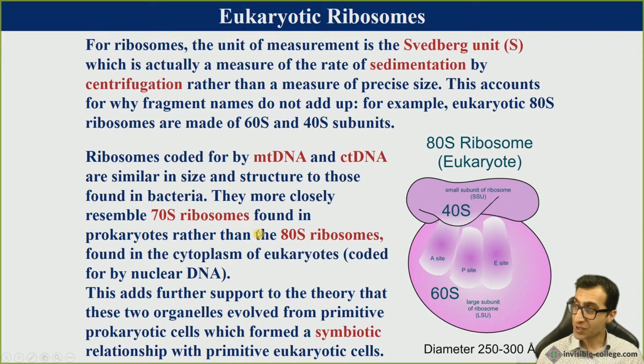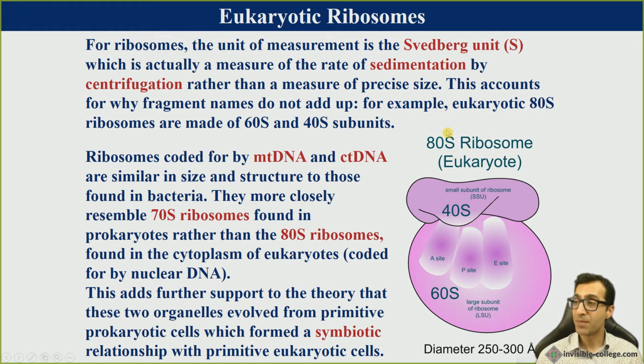It's important to note here that the Svedberg unit is not a linearly additive unit like length in meters. It's a unit which measures how quickly these particles sediment, or undergo sedimentation, when they're in a suspension. You can see here that the small subunit of a eukaryotic ribosome is 40 Svedberg units, and the larger subunit is 60 Svedberg units, but these two don't add together to make 80S.